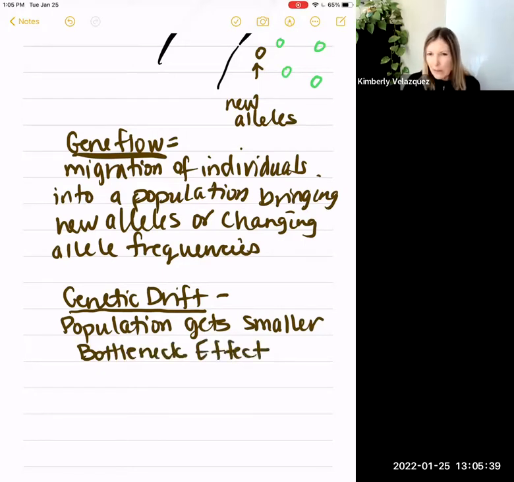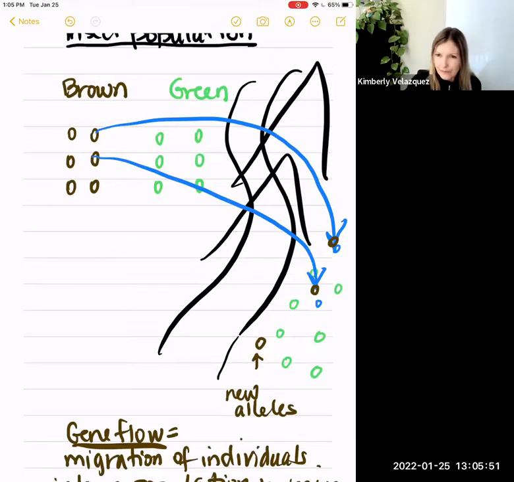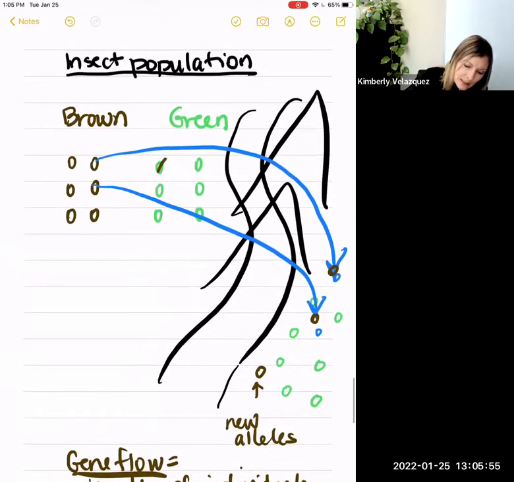Let's say we have this same population of insects and there is a flood that comes through and now a lot of the individuals are wiped out. And we did have 6 and 6 for the two different colors, but let's say that most of the green ones are wiped out and now what remains are the brown ones and the one green. And it was totally random.